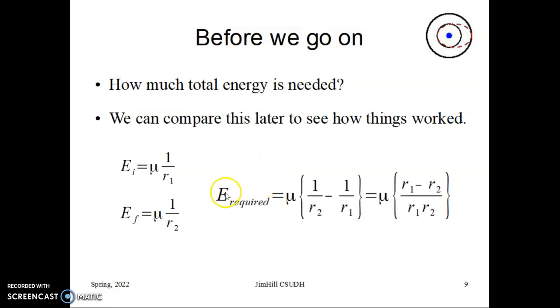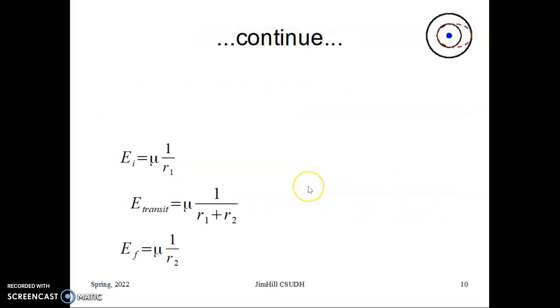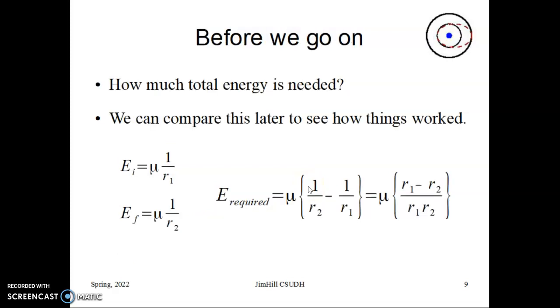Well, the required energy is just, the energy is mu over r, so it's mu over the larger radius minus the smaller radius. Remember, there is a minus sign incorporated into mu. Therefore, I'm going to have a positive total energy required. If I clean up the algebra a little bit, most people would prefer to write this way. I get the difference in radii over the product of the radii.